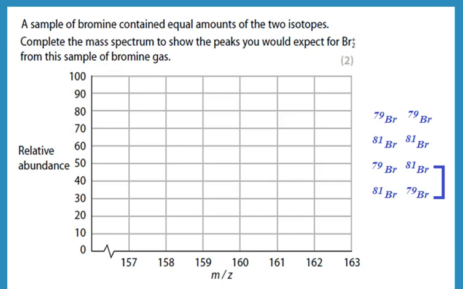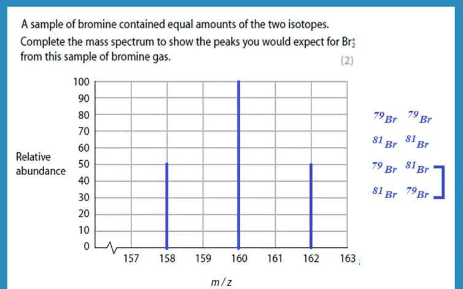So actually I have 4 choices. The one with both of them 79 will have a mass of what? It will have a mass of 158. So I should have a peak at 158. The one with both the bromines with a mass of 81 will have a total mass of 162. So I should have another peak at 162. So what about the one where I have one of them 79 and the other 81?